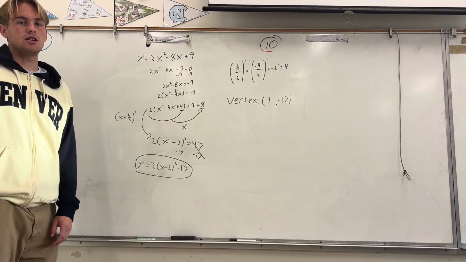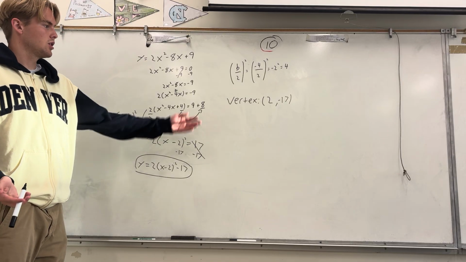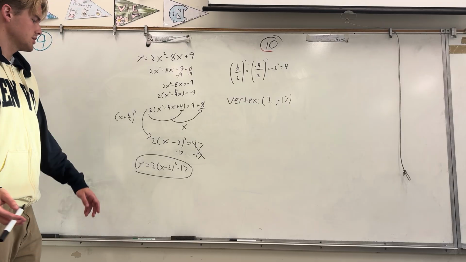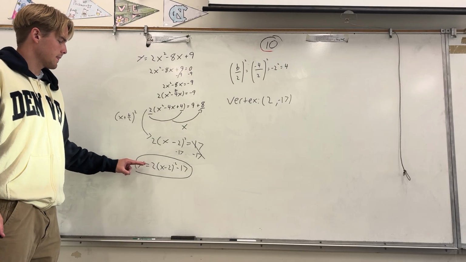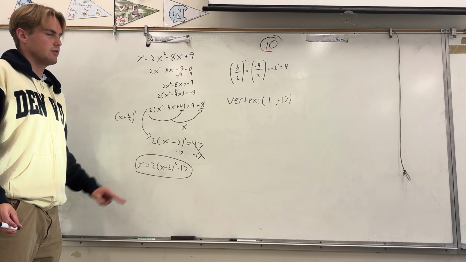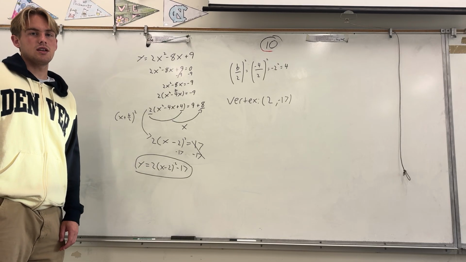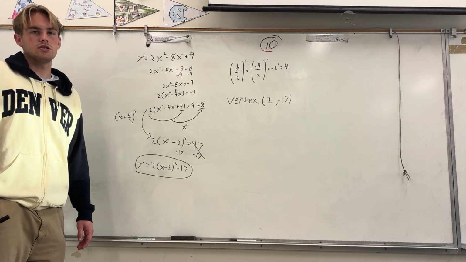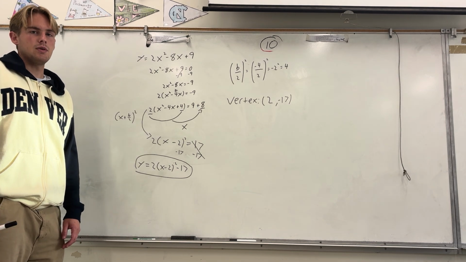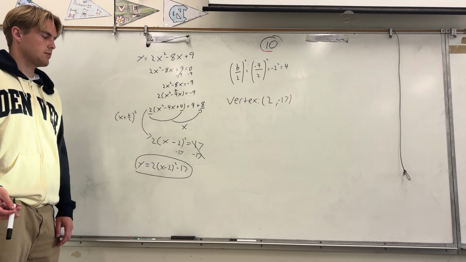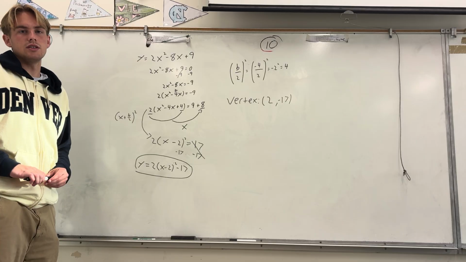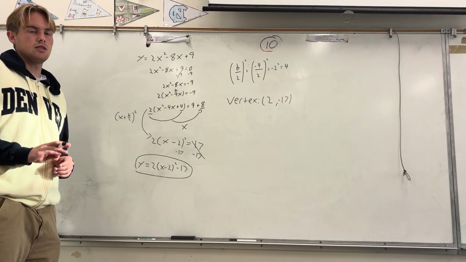And the answer to that question is no, there's no reflection. So there's nothing to write about in terms of reflection. Since we only have a reflection if there is a negative out in front of our parentheses. So if this was a -2, then yes, we'd be able to say there's a reflection, or we could also say, yes, the graph flips. Remember, it looked like an N shape versus a U shape if there's a negative out in front, but there is no negative. So it's gonna look like a U still.